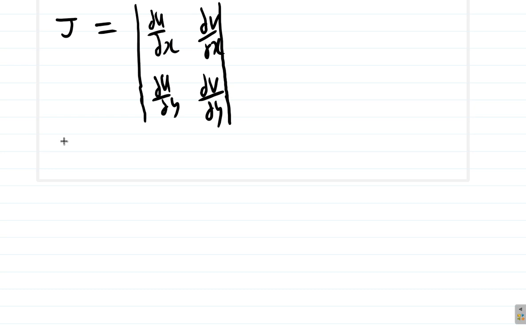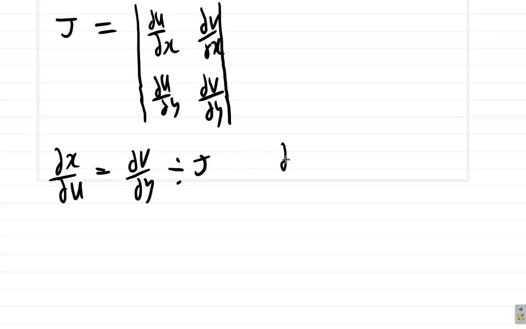Alright? We found that ∂x/∂u is equal to ∂v/∂y divided by the Jacobian. We found that ∂x/∂v is equal to negative ∂u/∂y divided by the Jacobian.